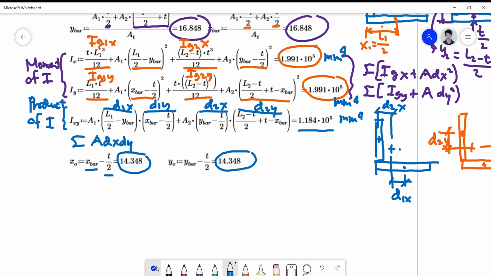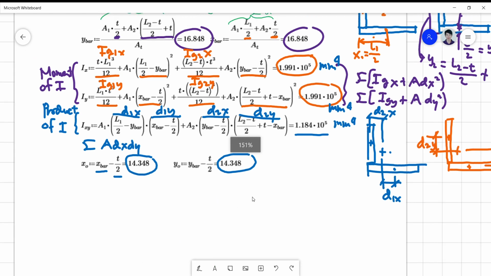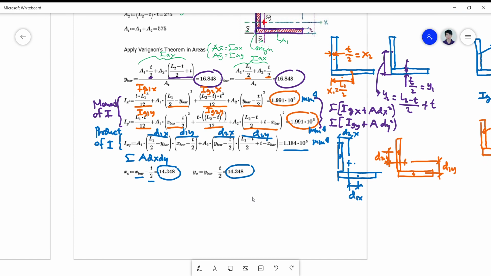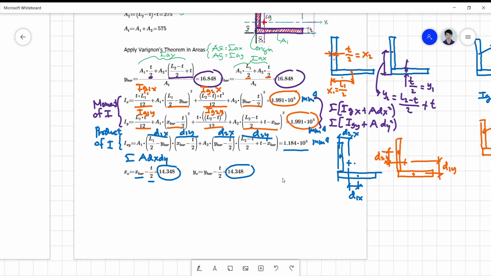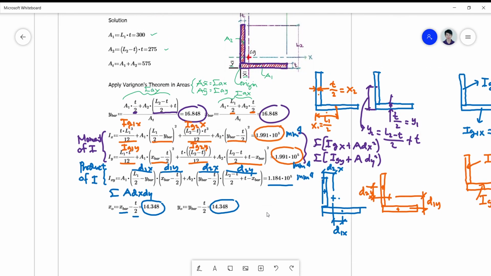Okay, so this will be the location of your shear center from the center of gravity.